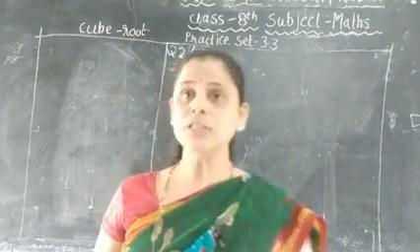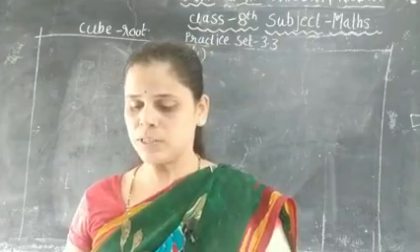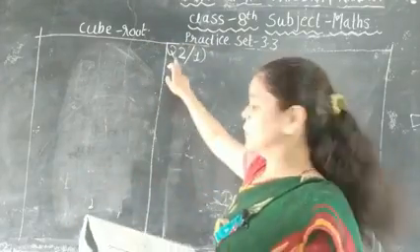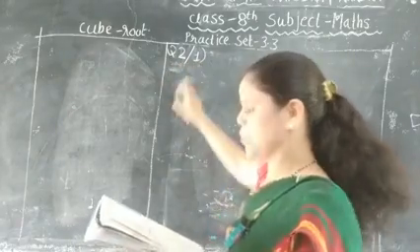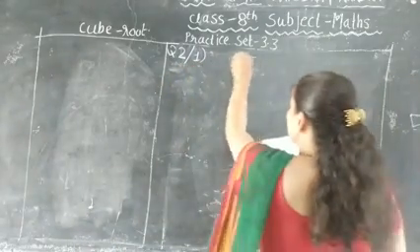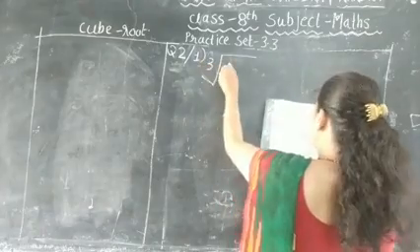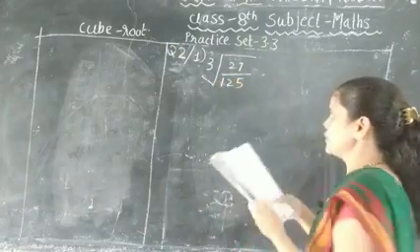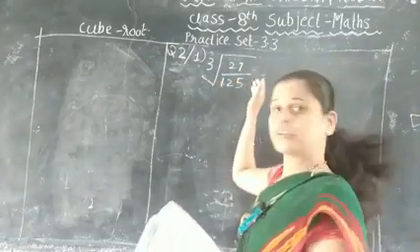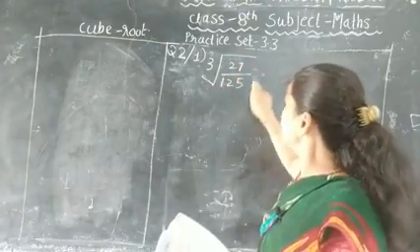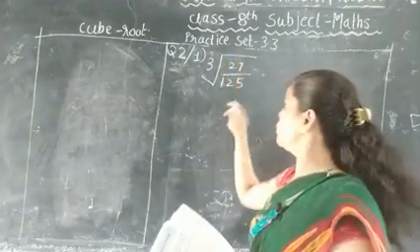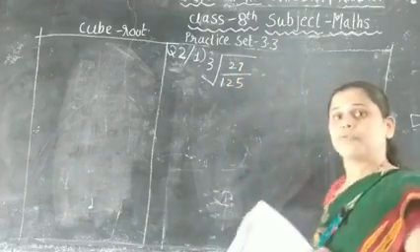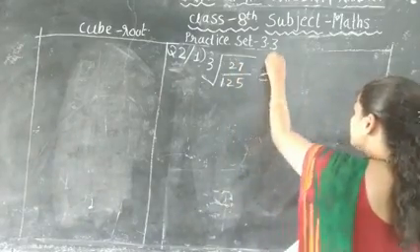So from the first question you can solve all the problems. Then move on to question number 2. Let's take the first problem of question number 2: find the cube root of 27 upon 125. What is the difference in this question? The number is given in fraction form.